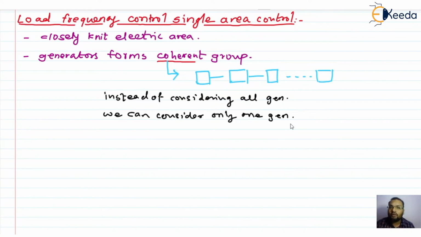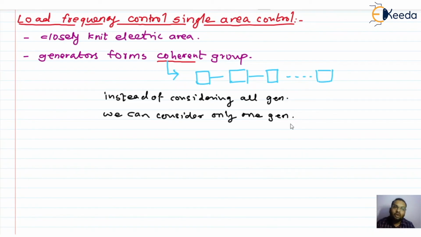Whatever area comes under that utility, we can consider as a single area, because in that utility all the generators are connected very closely, and we can say those generators will form a coherent group. As the load in Maharashtra changes, the speed of all the alternators connected in that area will change according to the load.